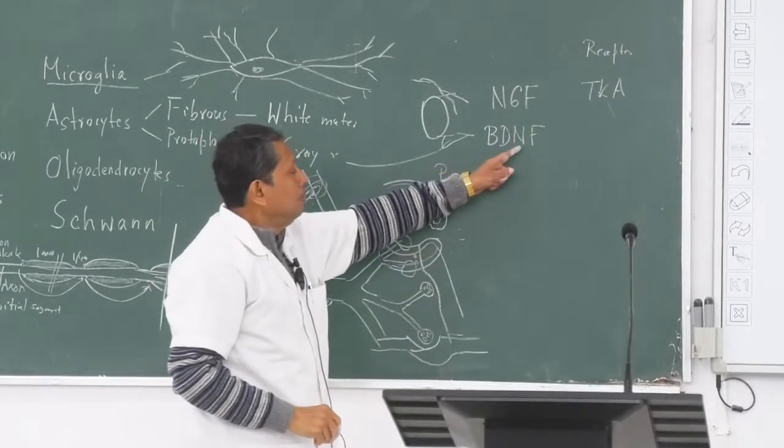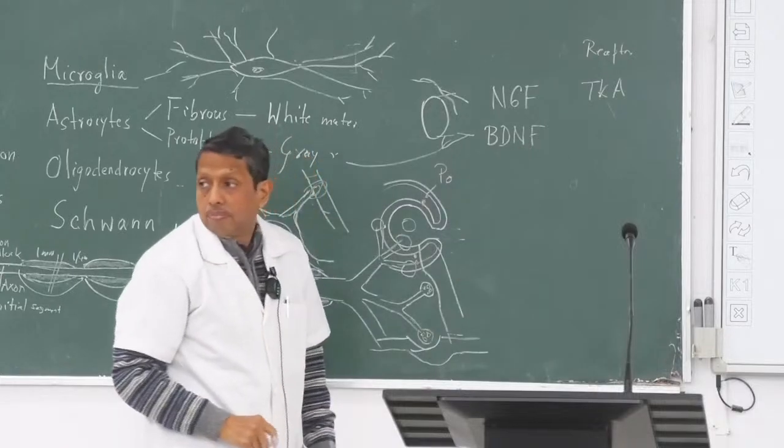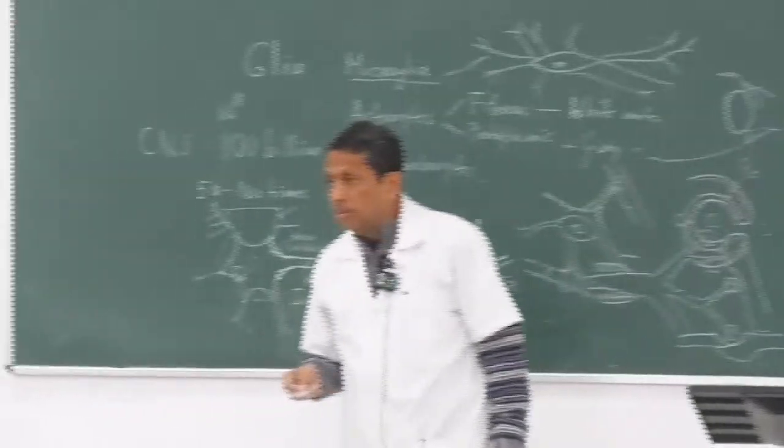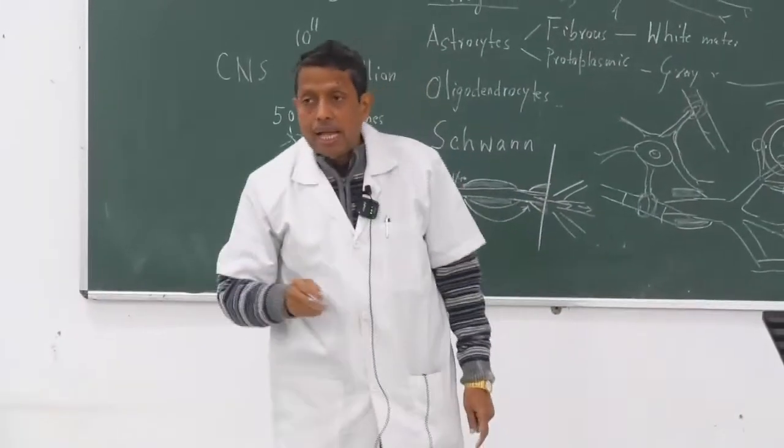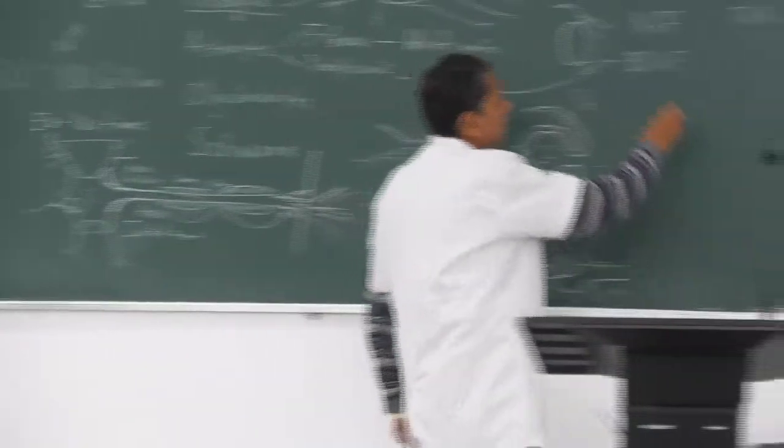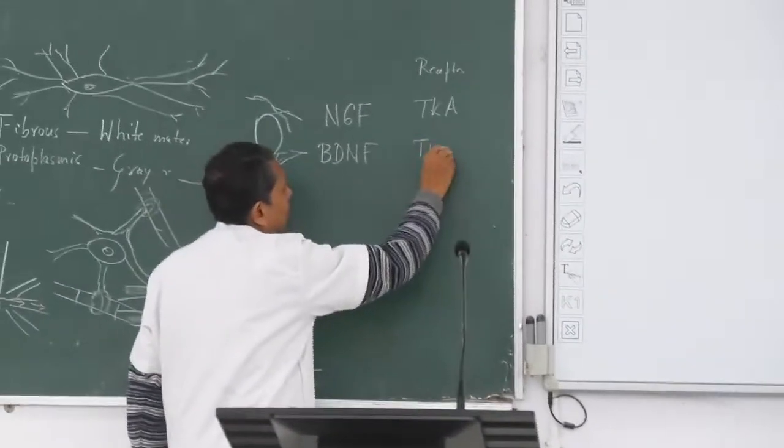Brain-derived neurotrophic factor, BDNF, is produced by astrocytes or this type of cells, and its receptor is tyrosine kinase B.